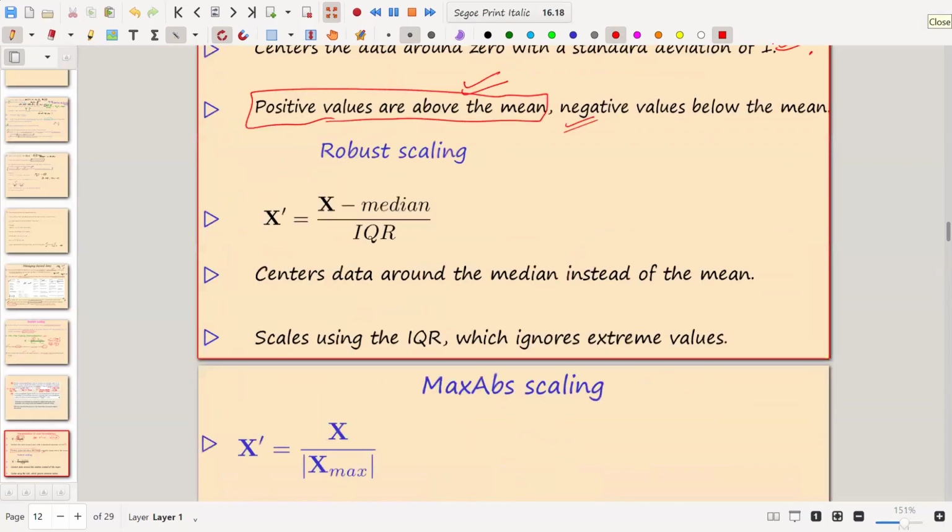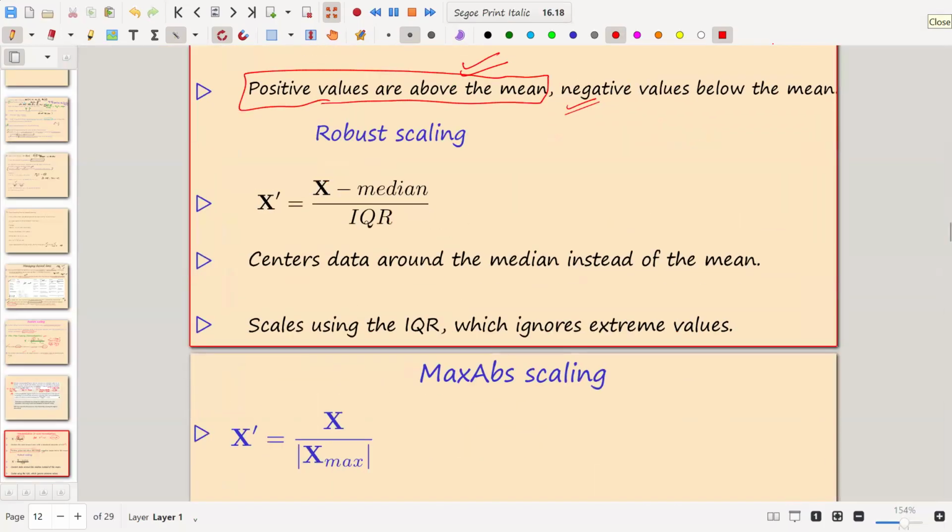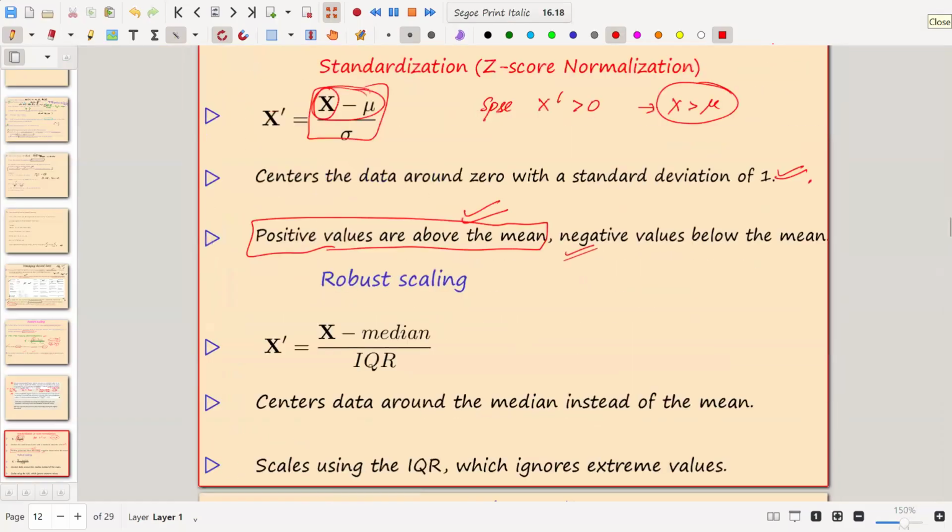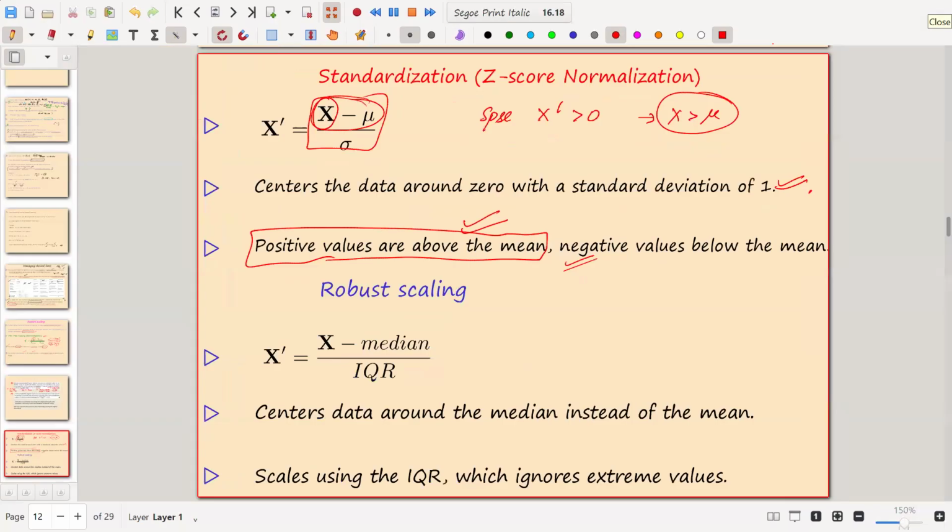Similarly, there are other scaling methods, like something known as robust scaling, where you subtract the median, not the mean, and you standardize with not the sigma but with the interquartile range. It's the same, you can compare both of them, but here you are using the median rather than the mean.